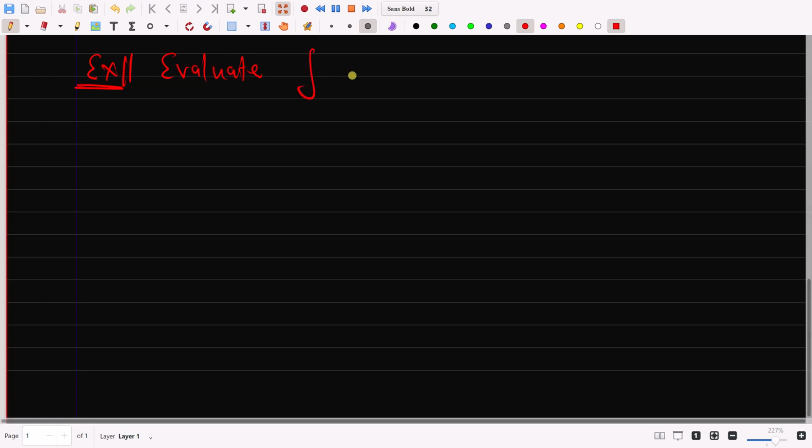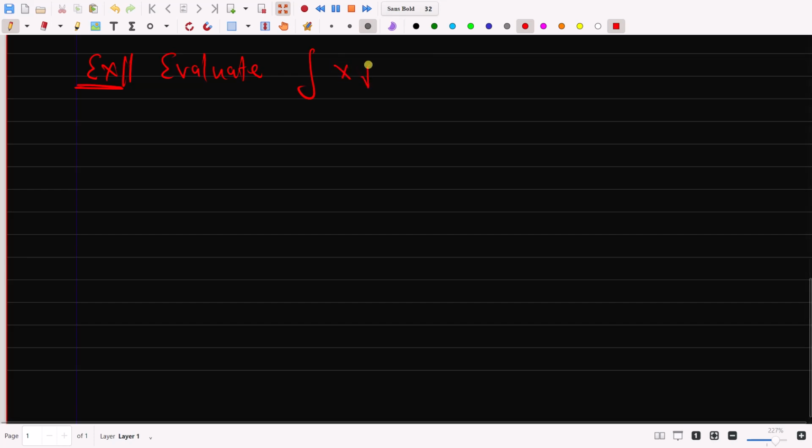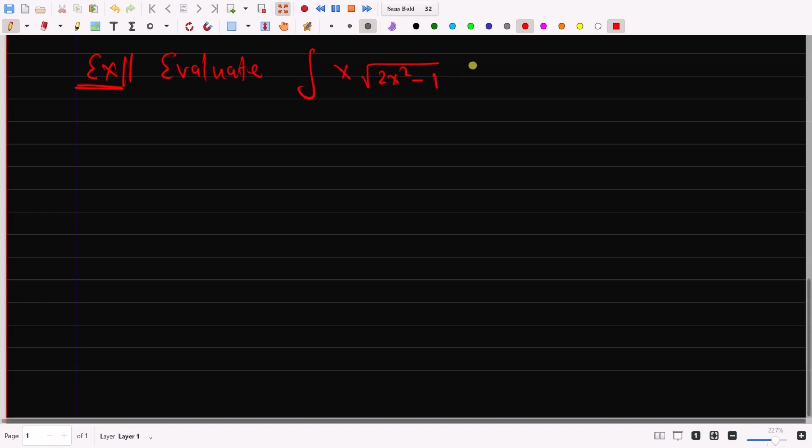You can be asked to evaluate the integral of, let's say, x root of 2x squared minus 1 dx. You see, evaluate this integral of x root of 2x squared minus 1 dx.